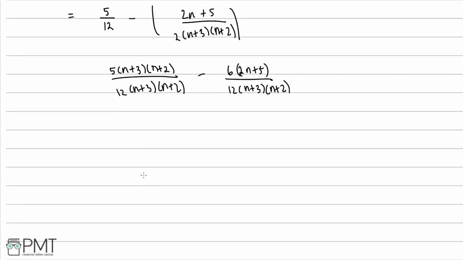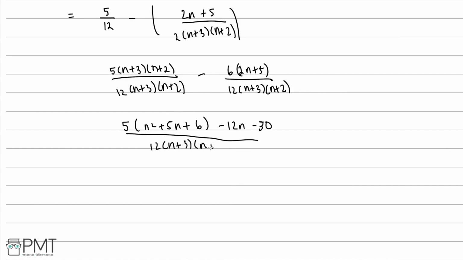So we will have 5 times, well, n plus 3 times n plus 2 will be n squared plus 5n plus 6, and minus 6 times 2n plus 5 will be minus 12n minus 30. And this will all be over 12 times n plus 3 times n plus 2.